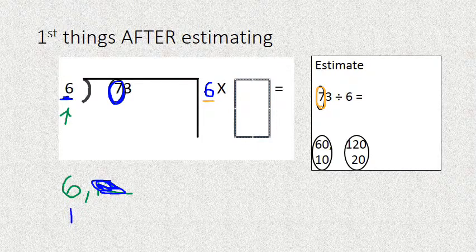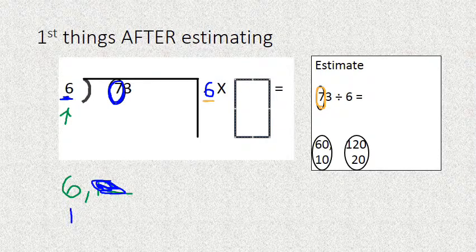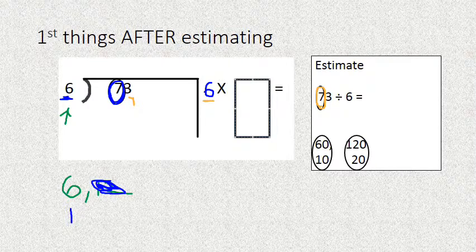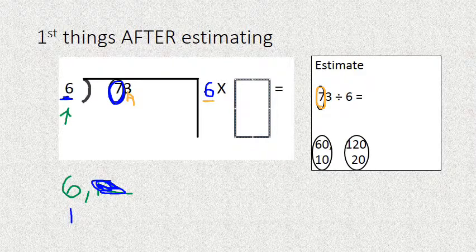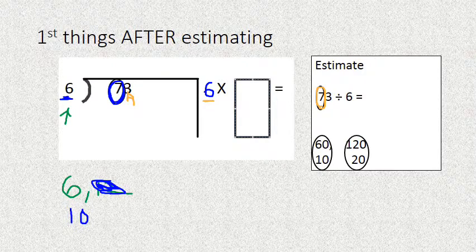Once. Now don't forget, since there's a number that is outside of our circled number, we need to add a 0 to both the numbers, making it 60 and 10.